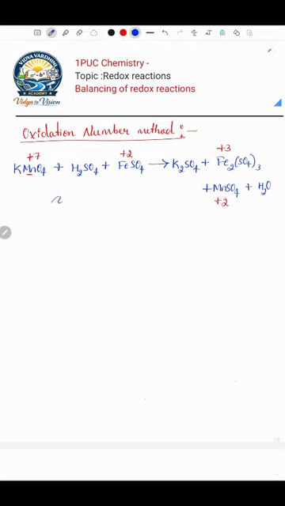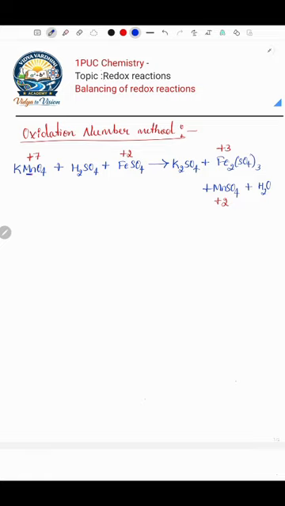Clearly we can see that in KMnO4, manganese is changing from +7 to +2, there is a decrease in the oxidation number which we call reduction, and in case of iron there is an increase in the oxidation number from +2 to +3 which we call oxidation.